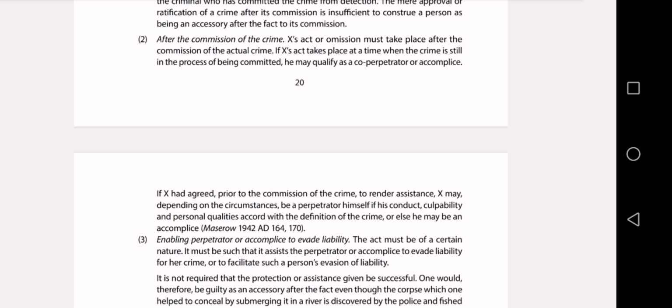After the commission of the crime, the act or omission must take place after the commission of the actual crime. If the act takes place at the time when the crime is still in the process of being committed, he may qualify as a co-perpetrator or accomplice.